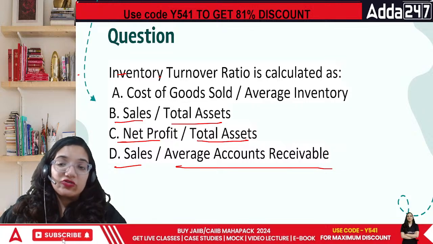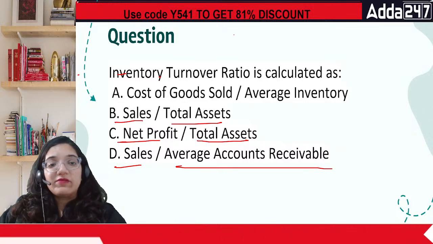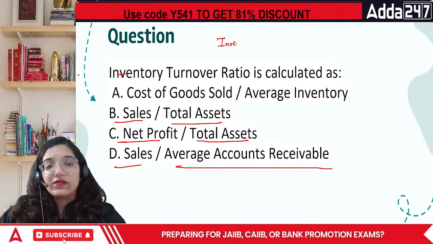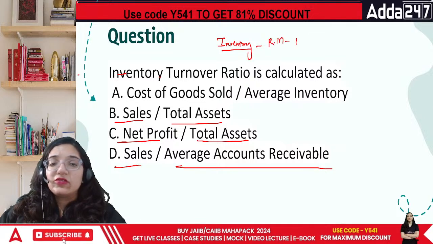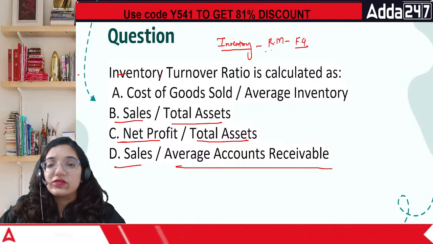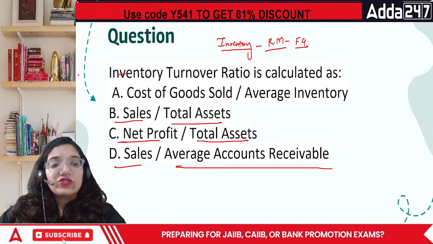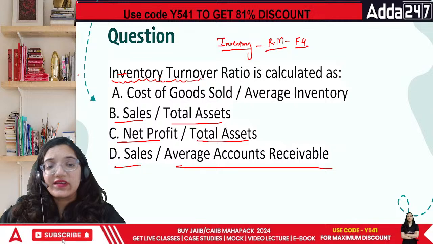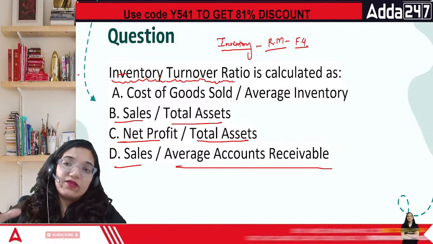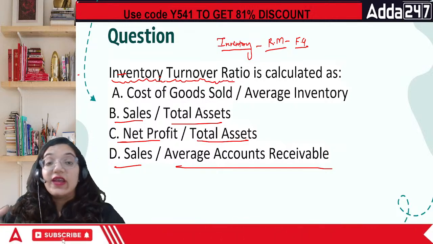It talks about how many times you convert your inventory from raw material to finished goods, and in how much time.